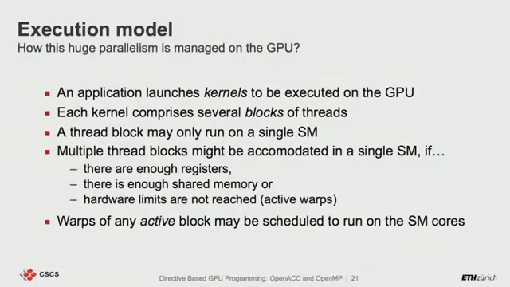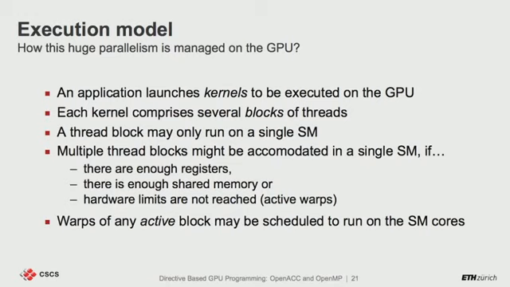Now, each block is organized, as I said, in bunches of 32 threads that we call warps. These are the basic execution unit. So if you have a block with 128 threads, then you will have how many warps? 2, 4, 8 warps.